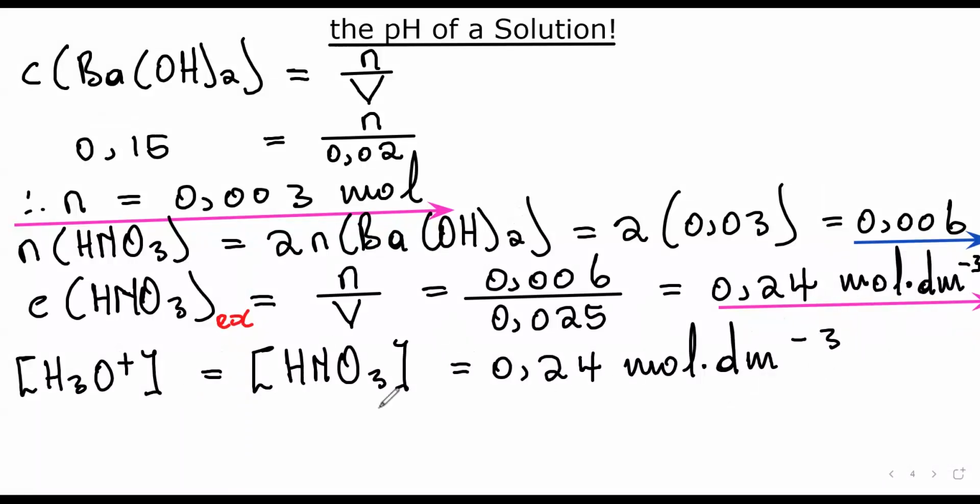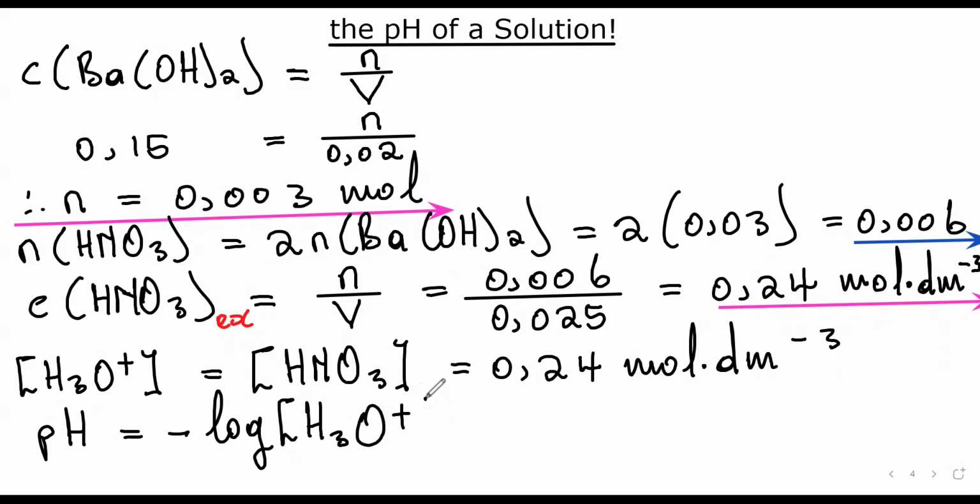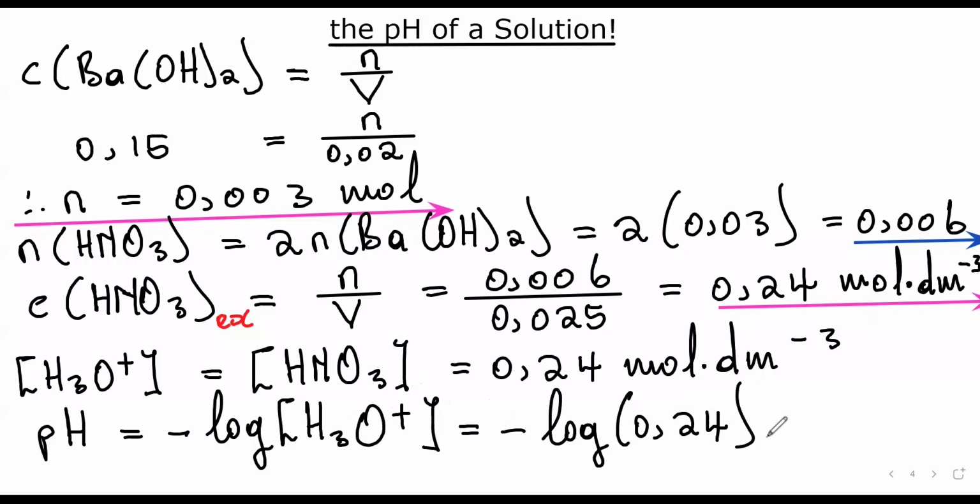Then knowing what you know, you can now say, well, the pH is the negative logarithm of the concentration of the hydronium ions. Then you can say, well, this is what you are having.